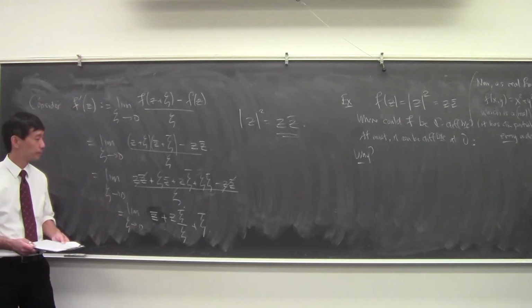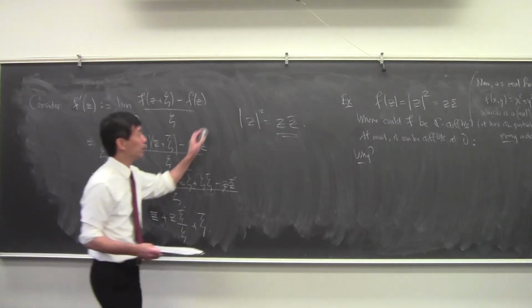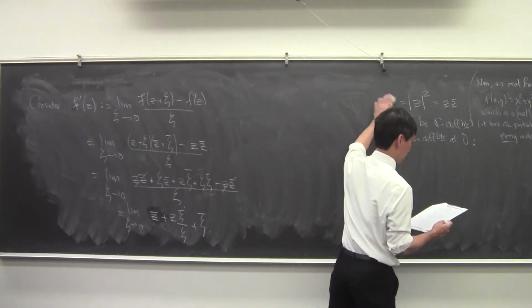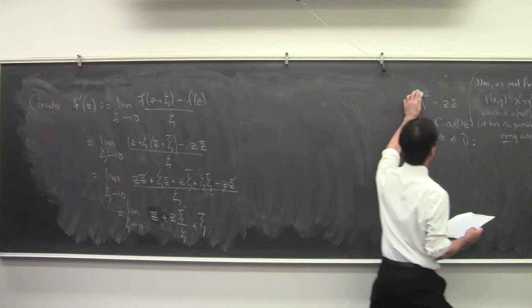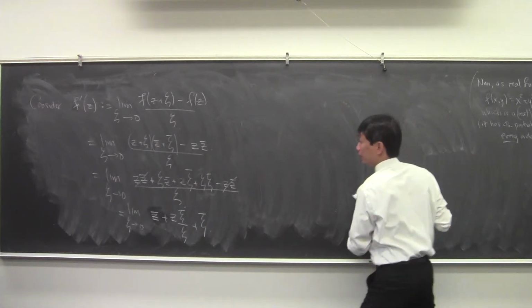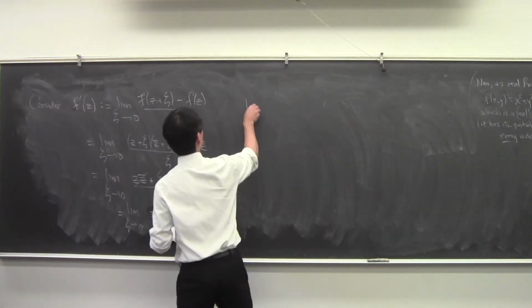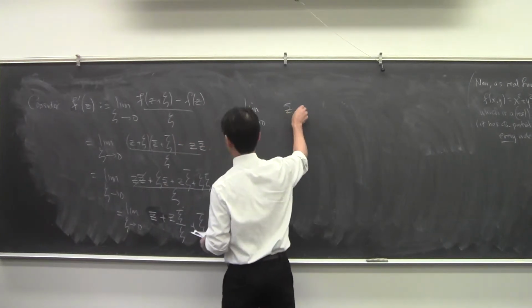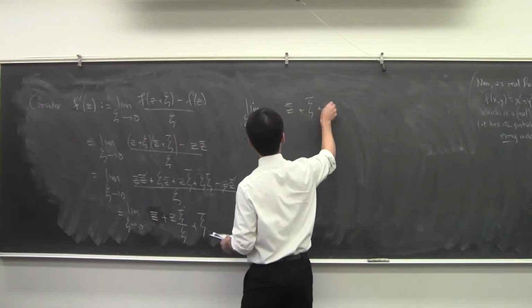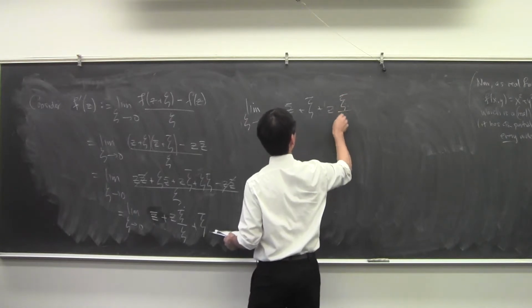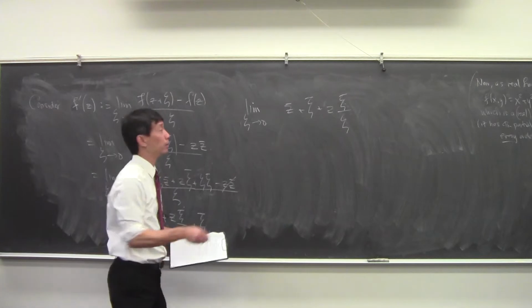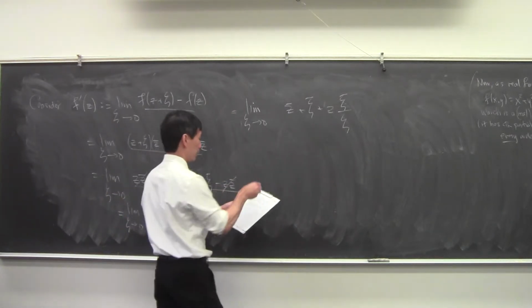Nothing amazing. So we're looking at the limit as zeta goes to 0 of z bar plus zeta bar plus z zeta bar over zeta.